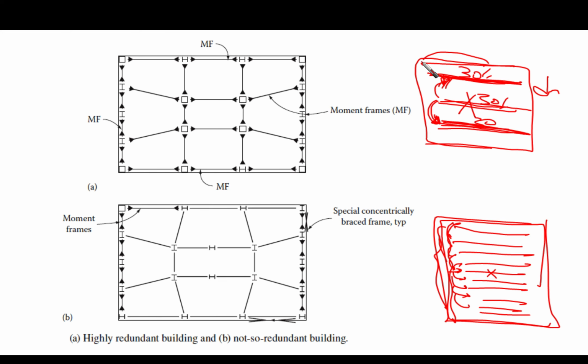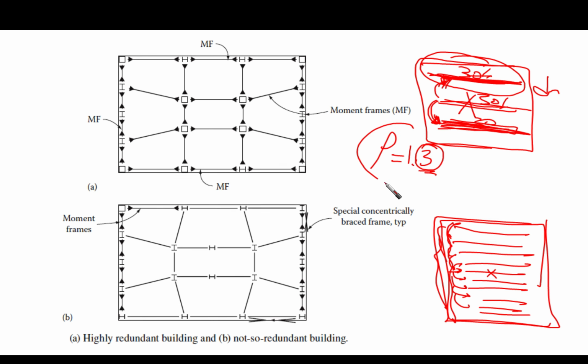The problem is if one element is taking more than 33% of the traffic or 33% of the shear strength, then we need to be careful. We need to design the other streets with 1.3. We are increasing them by 30%.